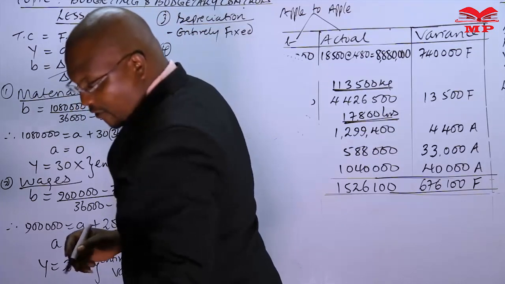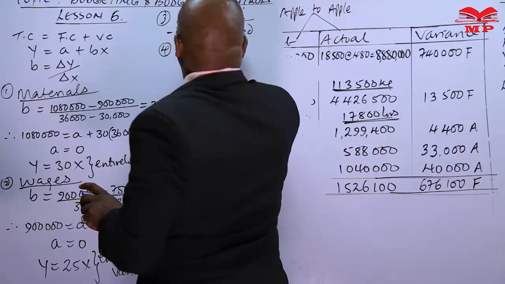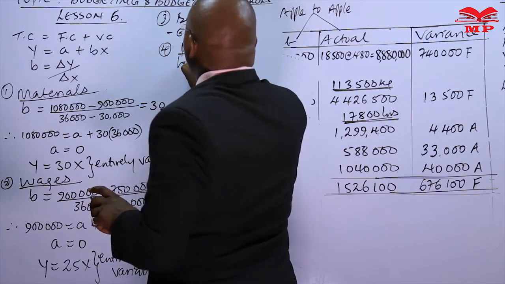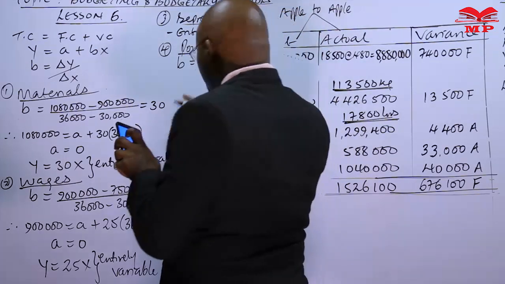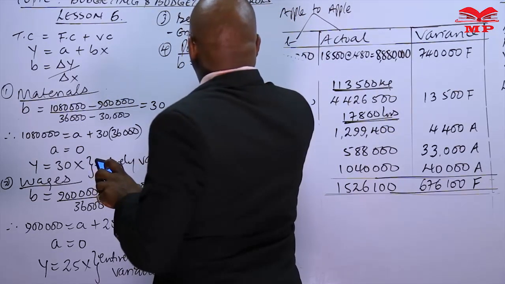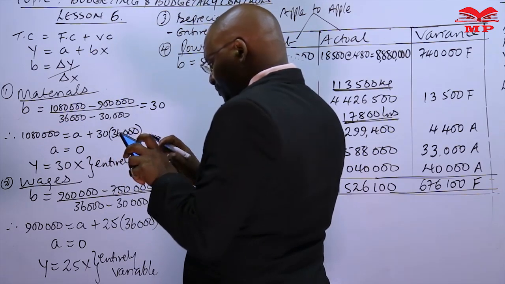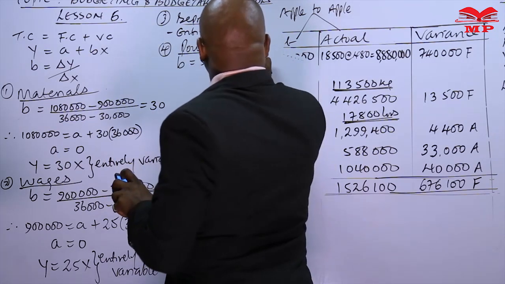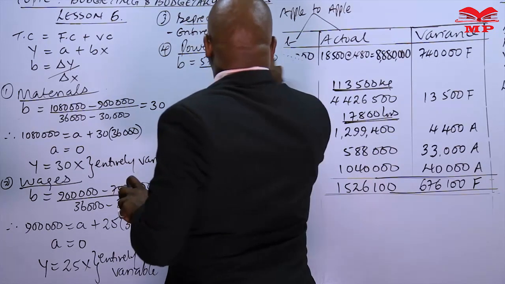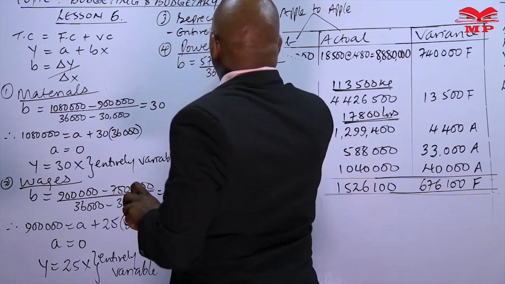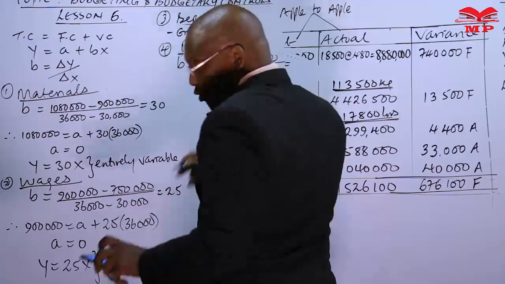Number 4, I have power. For power, I can take the change in cost, which is 570,000 minus the other one, 510,000. I divide by the 6,000 units, the difference between 36,000 and 30,000, the two levels we are comparing.